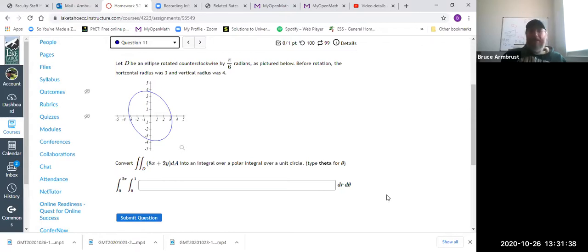Okay, so basically they're saying convert this so your transformation is you're on a unit circle. And you'll even see the bounds, right? The bounds 0 to 1 and 0 to 2 pi. Those are your r's and your thetas for a unit circle.